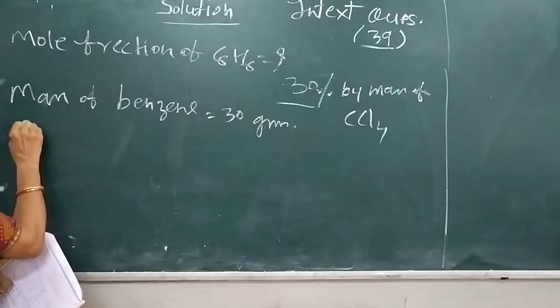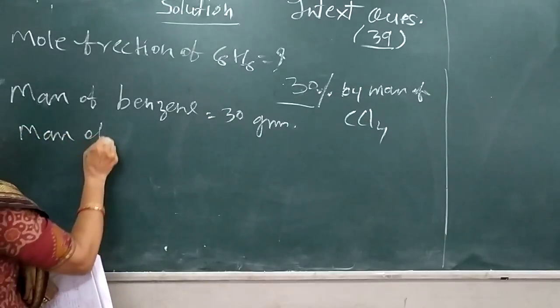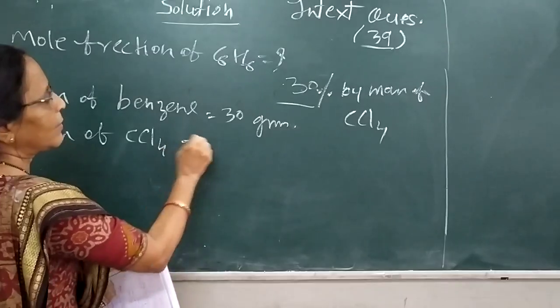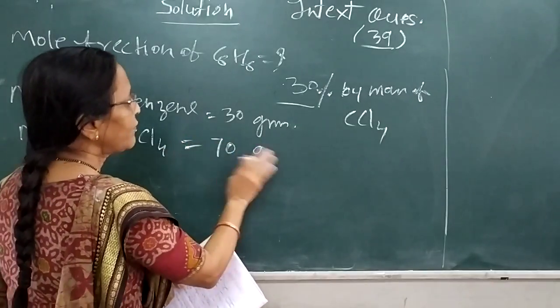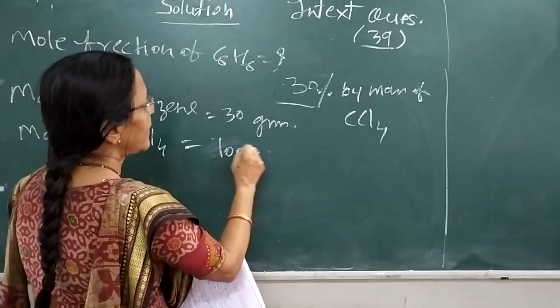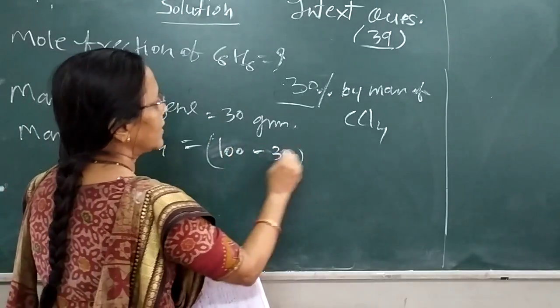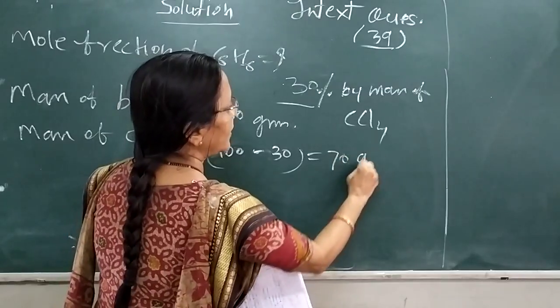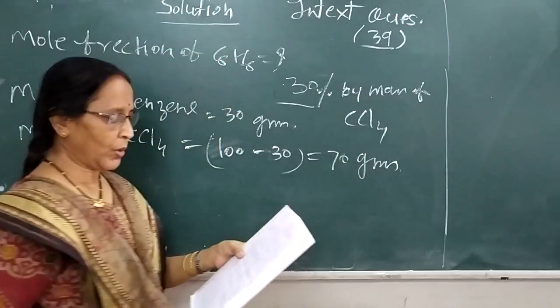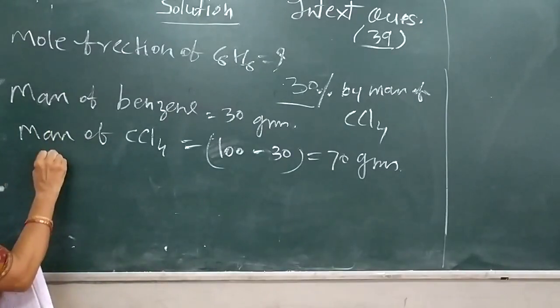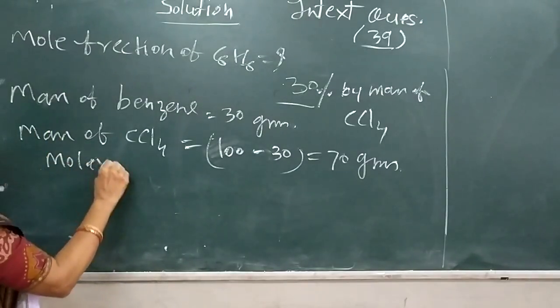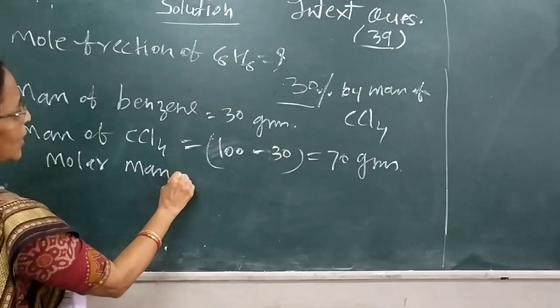The mass of CCl4 we can calculate, it means 100 minus 30, so it will come to 70 grams.